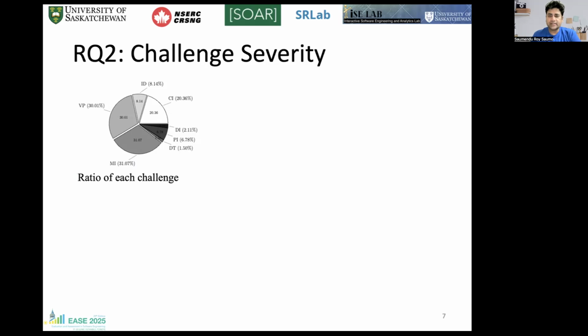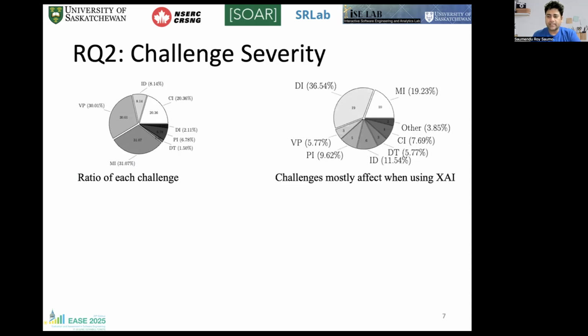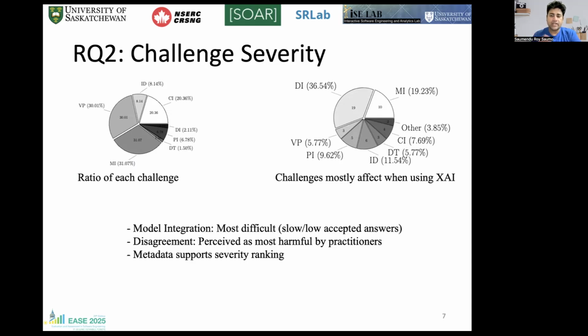Along with this, we did a user study, and we found that disagreement-related questions were rated most severe by the practitioners, though they were less frequent. This suggests the severity is not just about the frequency, but also about the user impact.